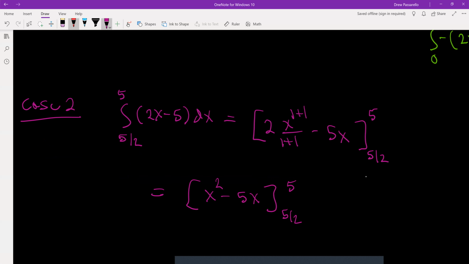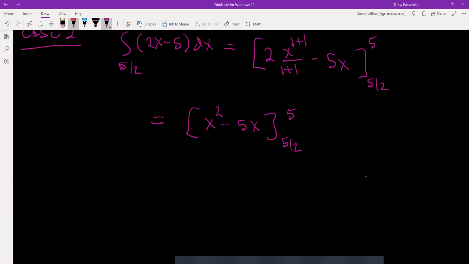And now I apply the fundamental theorem. So I do 5 squared minus 5 times 5, and then minus 5 halves squared minus 5 times 5 halves.